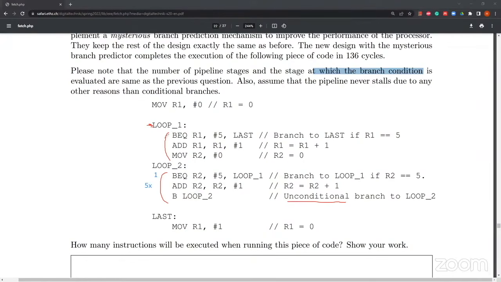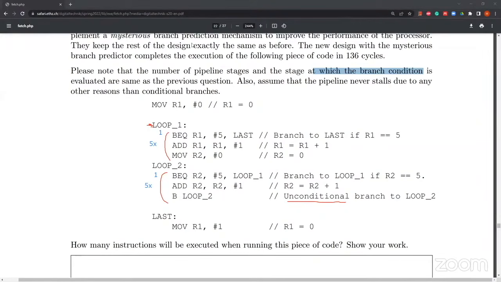But these 3 instructions also execute 5 times, as in the loop below. And when this branch equal is taken, this is the last iteration of the loop. We exit loop 1 and then move to the last instruction here, which just assigns 1 to R1.